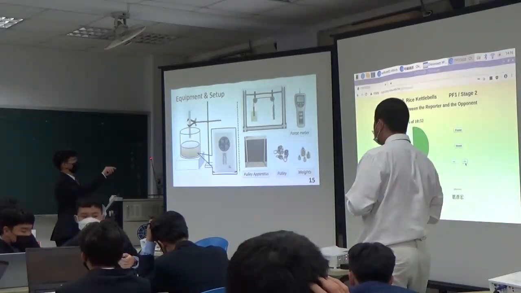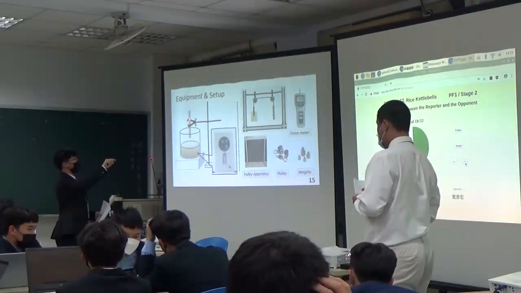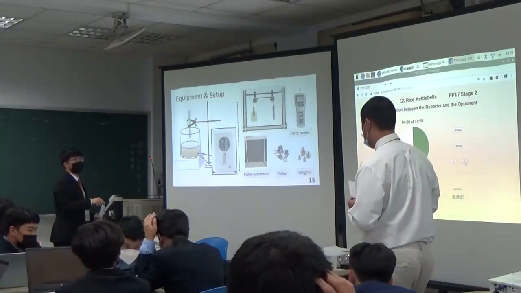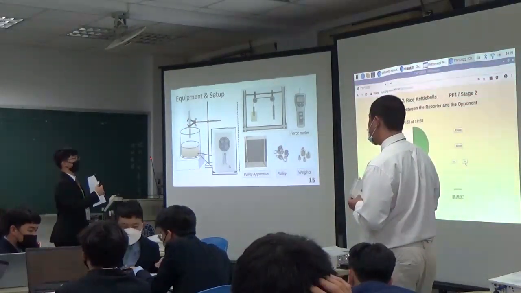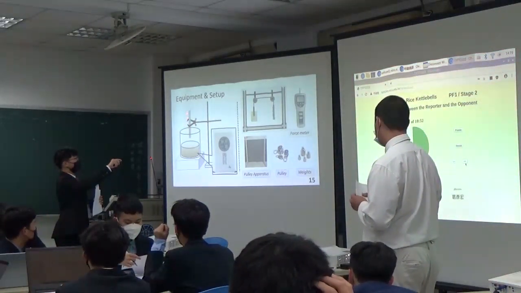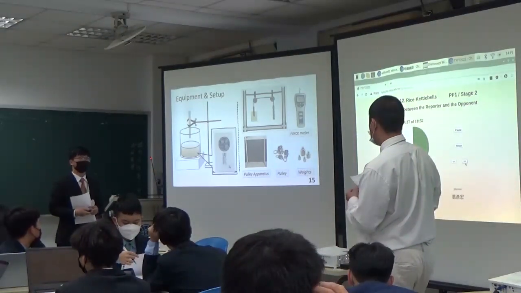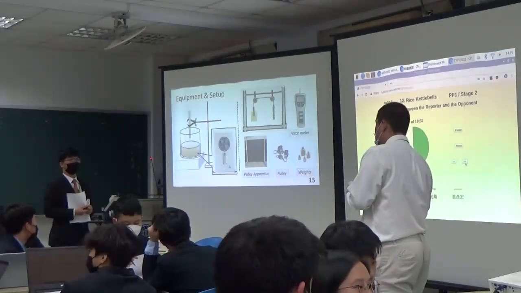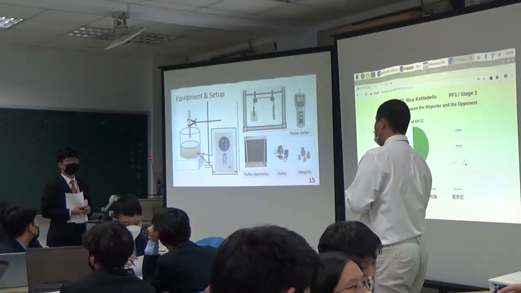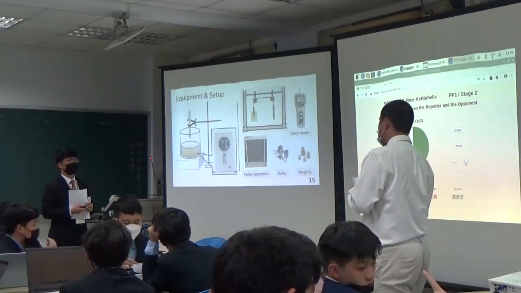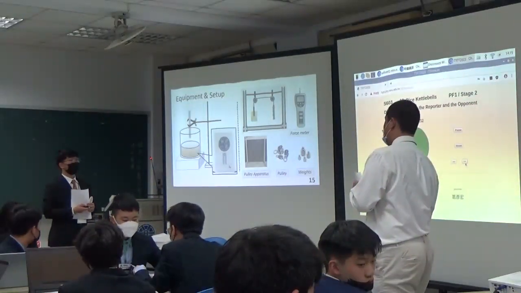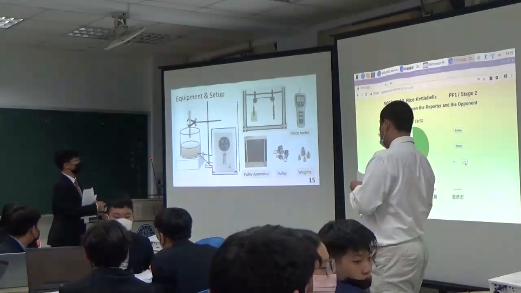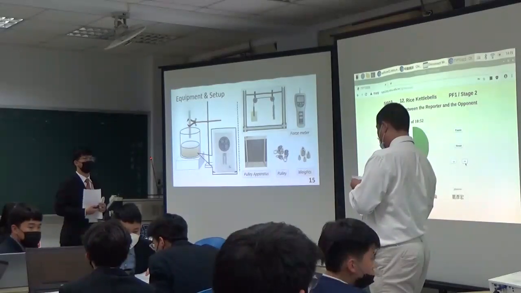We use a clip to control and measure the angle between them at 90 degrees, and use a camera to take a picture and find the angle. Okay. Do you think this angle could be a variable? Yes, I agree, but we didn't do the parameter study about it. Okay.